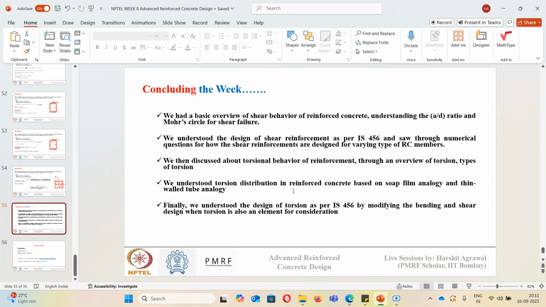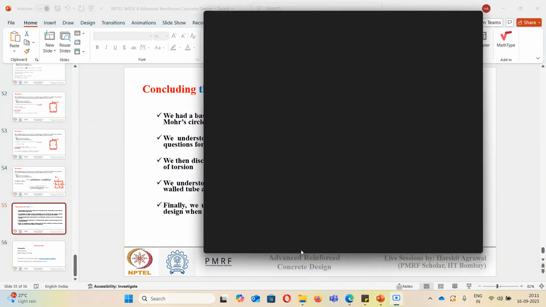We understood how maximum torsion stress can be determined based on the skew-bending analogy and thin wall tube theory, and we finally understood how we design for torsion as per IS 456 by modifying bending and shear design, where torsion is also an element to be considered. So this was all about today's session. Thank you.